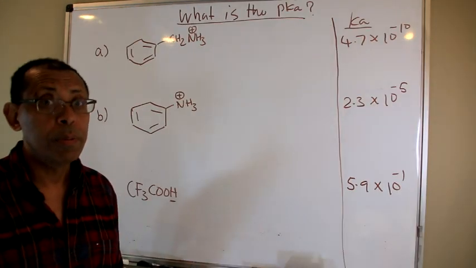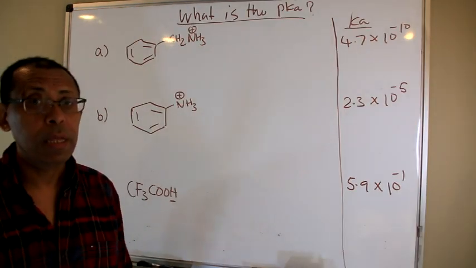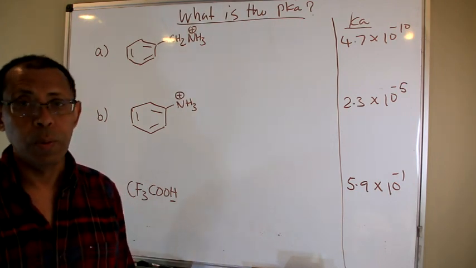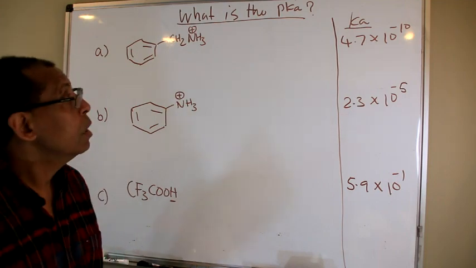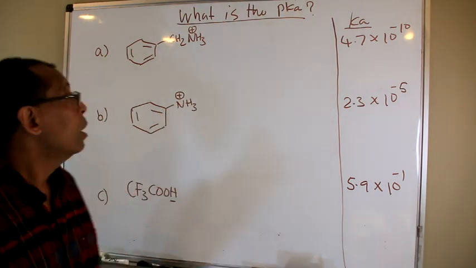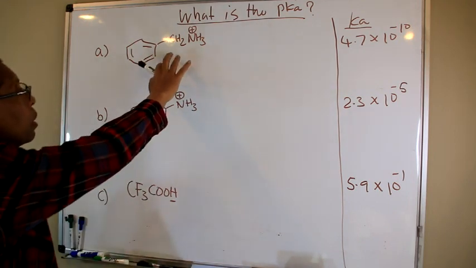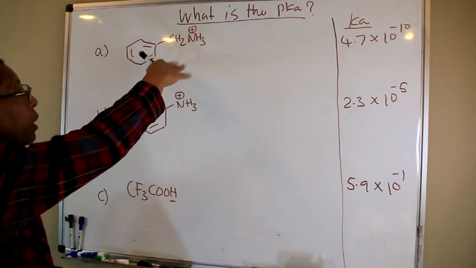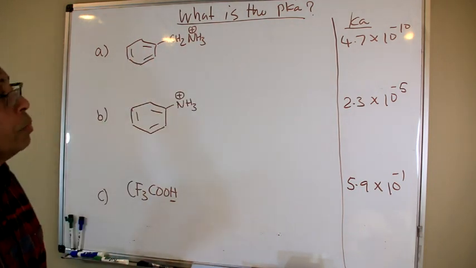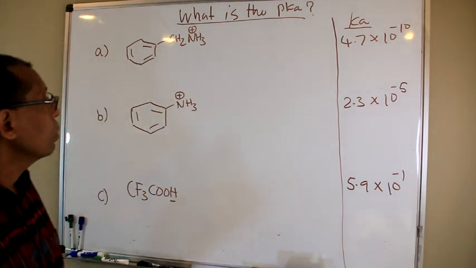Here in this problem set, you'll be calculating pKa values and seeing which one is the strongest acid. As you see, the Ka values are given, and all of them are acids here. That's why you'll be working with the Ka values.